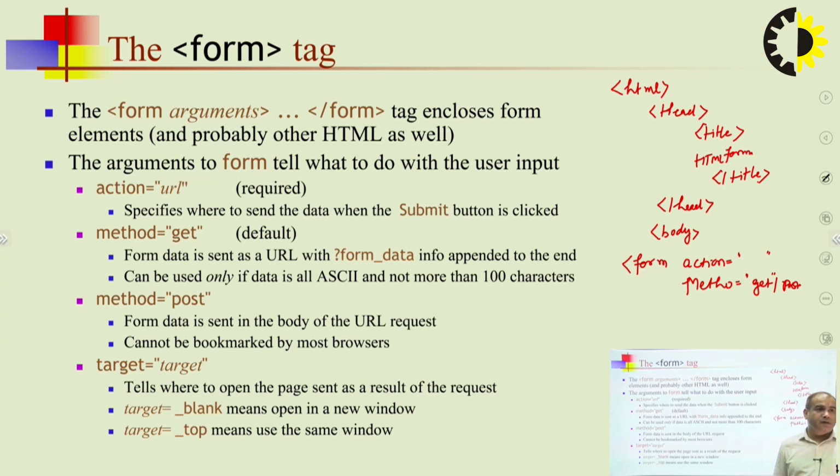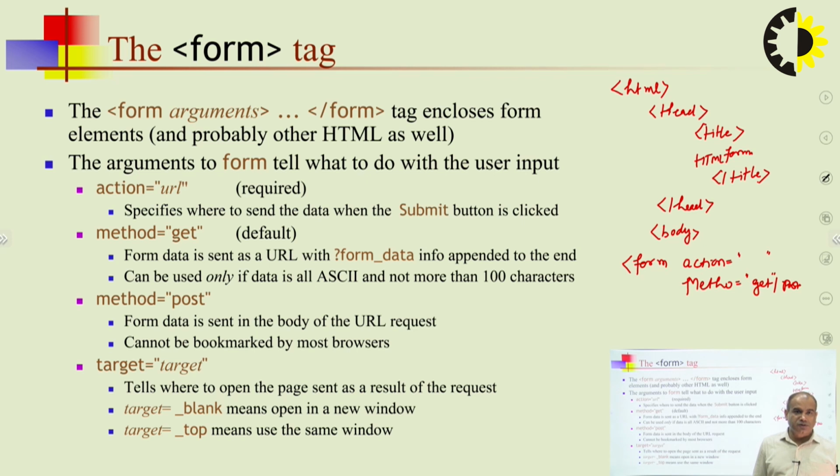So form data is sent as a URL with this symbol, and the form data information is appended to the end. So it can be used only if data is all ASCII and not more than 100 characters, because it is limited. We will discuss this in a later slide also.